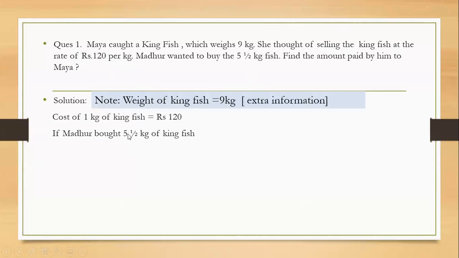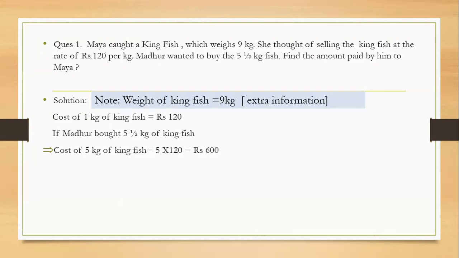What we will do, first we will consider the whole data, then we will add the fractional data. I repeat, 5.5 kg of kingfish is a mixed number. So we will take first the whole number 5, then in the second step we will take half kg, that is fractional data. Let us see.